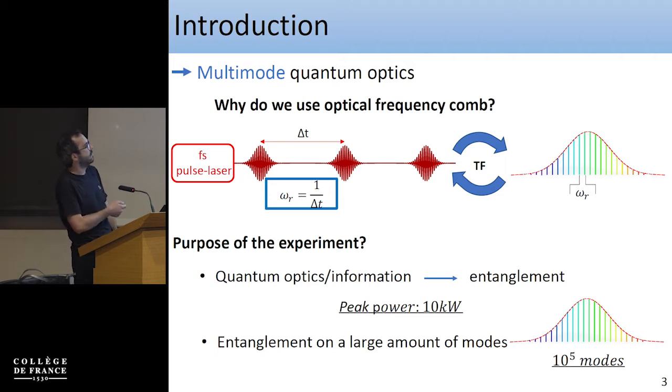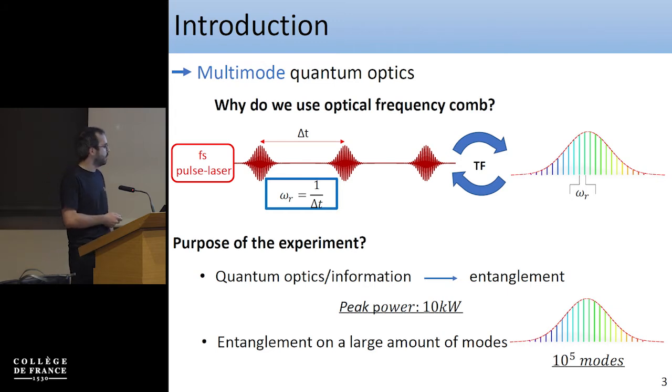With my train of pulses, all the power is concentrated into the pulse. And if I do an easy calculation, what I know is that in the lab, with the type of laser we have, the peak power is quite huge. It's around 10 kilowatts. So it's quite easy to get nonlinearity in this kind of situation.